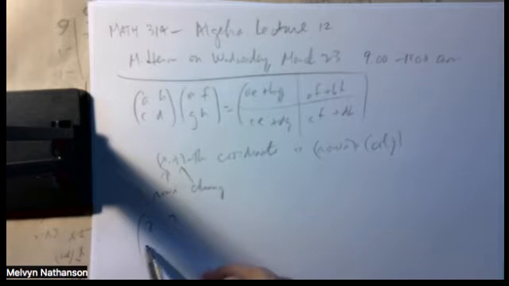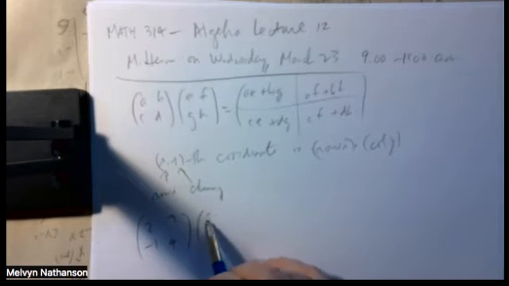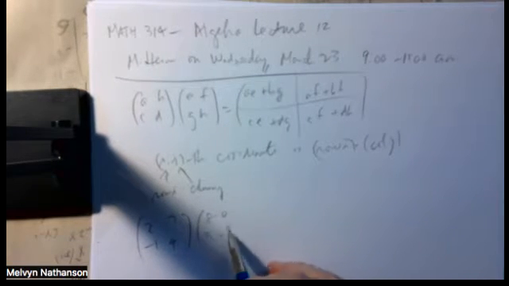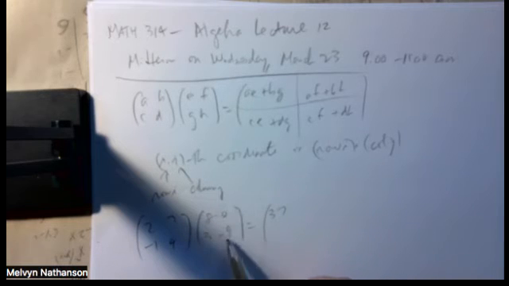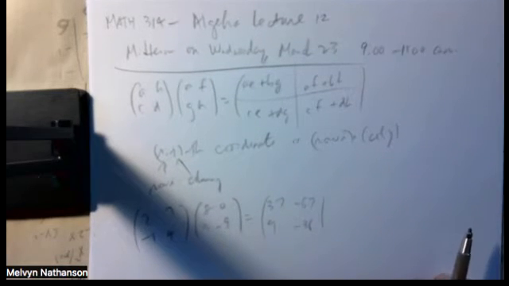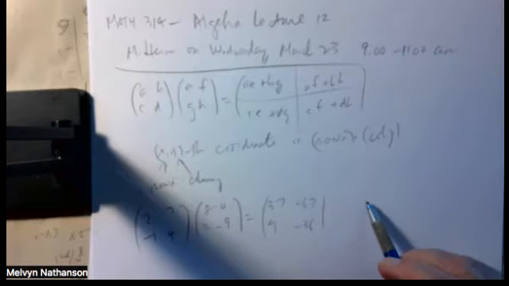So if you have 2, 7, minus 1, 4, and 8, 0, 3, minus 9, when you multiply them, you get 2 times 8 is 16 plus 21, 2 times 0 minus 63, minus 8 plus 12 minus 36. So you should be able to do this because if there were a question like this on the midterm, this would absolutely be the easiest question on the midterm.